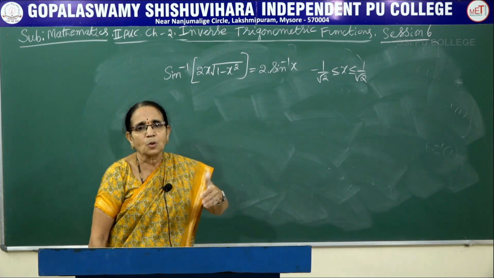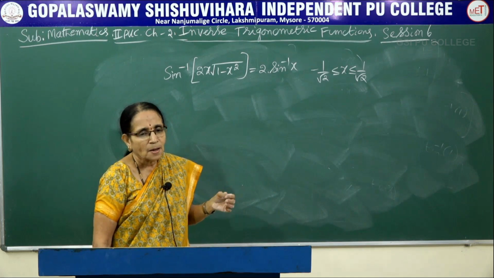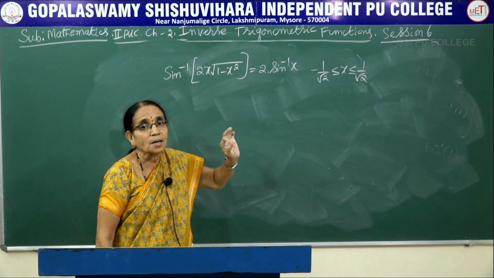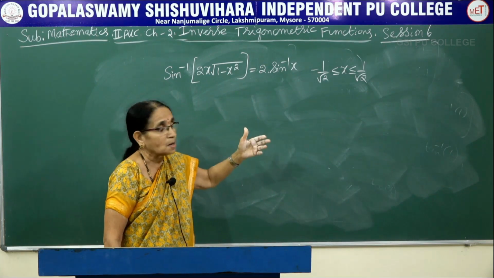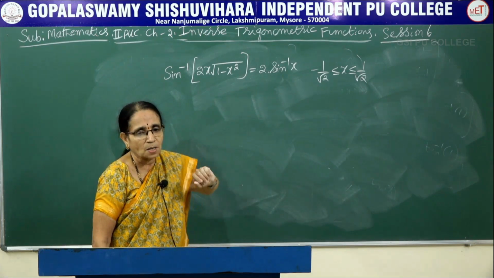Sometimes we may have to simplify both LHS and RHS and show that they are equal to each other. Now in this one, look at the right hand side. That always gives you an idea how to start. That is a little bit easier. To prove a result is easier because always the right hand side gives us a clue how to start.